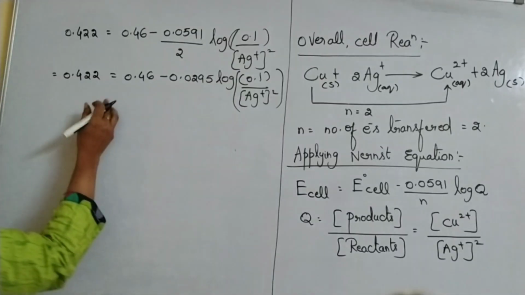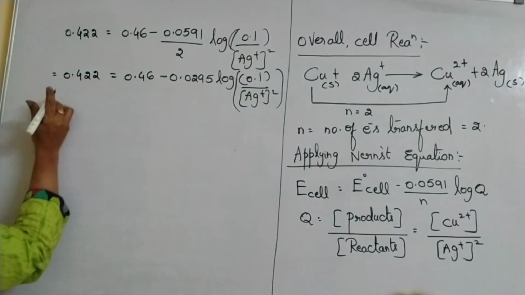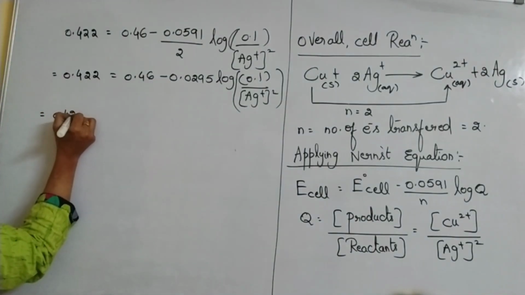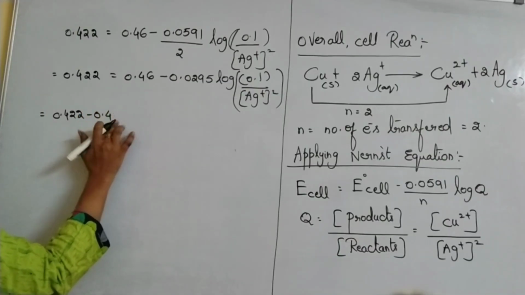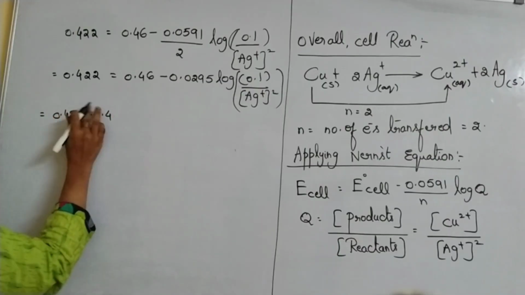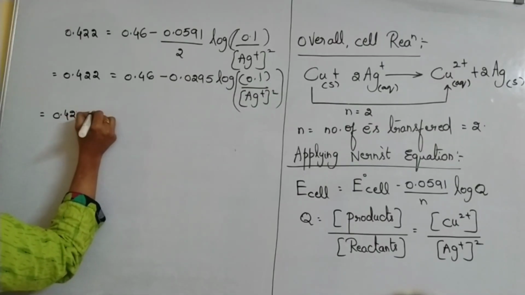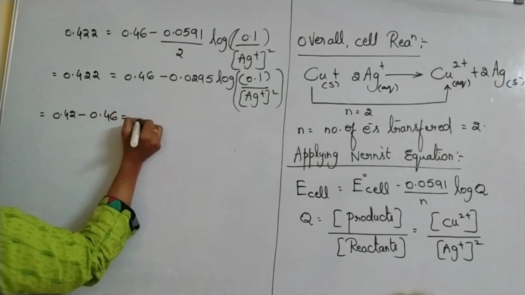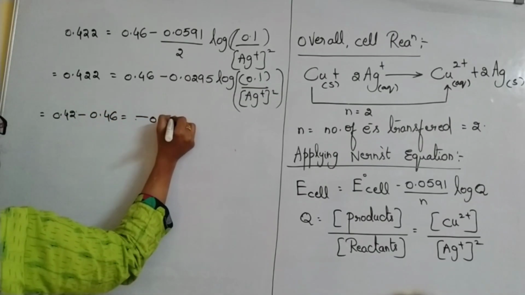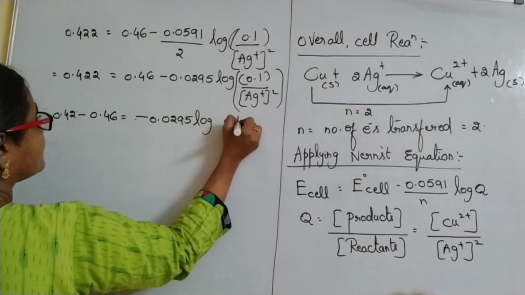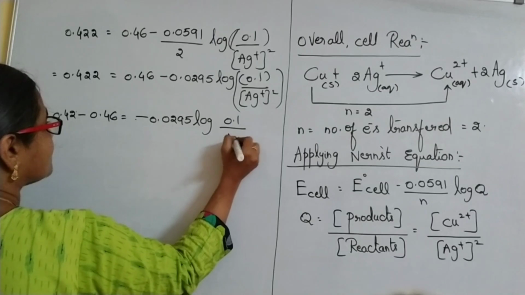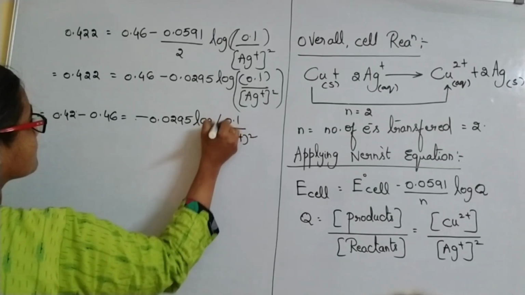Okay, so this value I am bringing this side. So 0.422 minus 0.46, or 0.42 minus 0.46 directly we will take, is equal to minus 0.0295 log 0.1 by [Ag+] whole square.